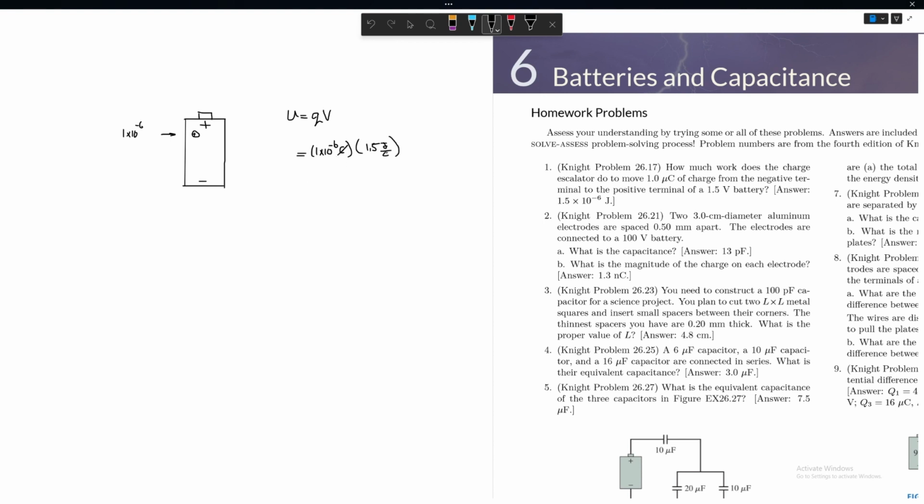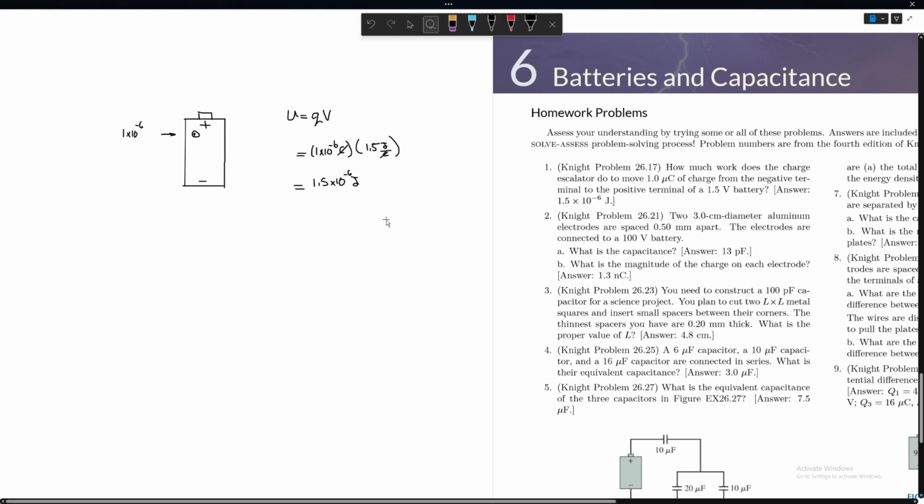And so these two will cancel out, and what I'll get is 1 times 10 to the negative 6 times 1.5. And that gave me 1.5 times 10 to the negative 6 joules, right? And that is question number 1. Sweet.